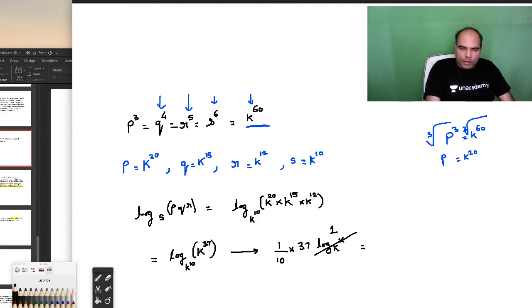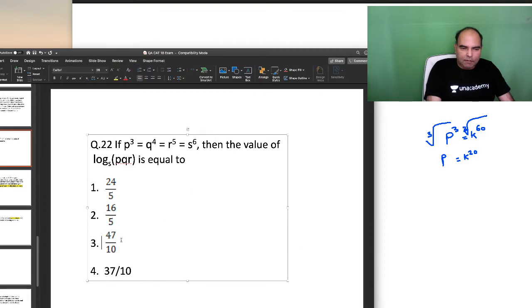I have miscalculated here. 20 plus 15 plus 12 is 47. So the correct answer will be 47 by 10. So option C will be the right answer.